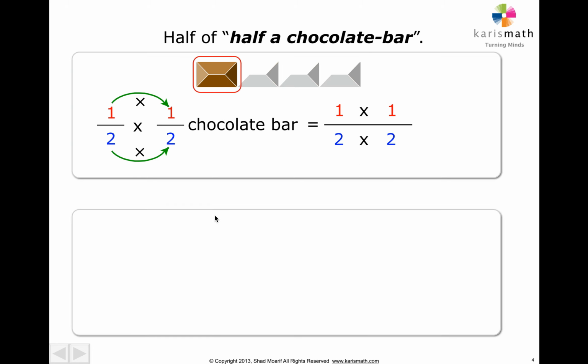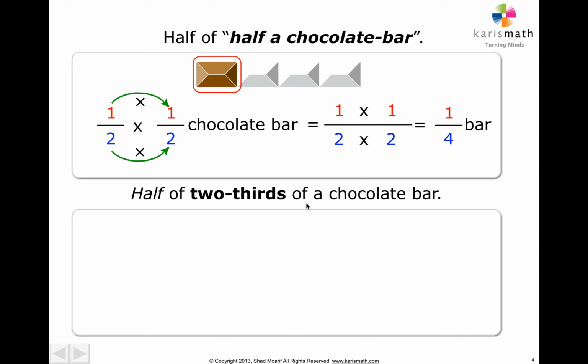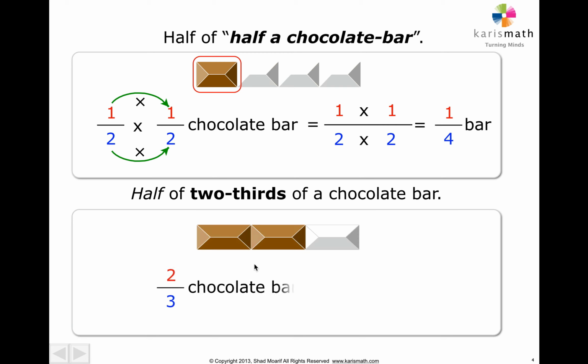So let's try another one. So that's a quarter bar. Let's take half of 2/3 of a chocolate bar. That's 2/3 of a chocolate bar. If we take half of this, it means take half of each third. Break this into two, then break this into two.